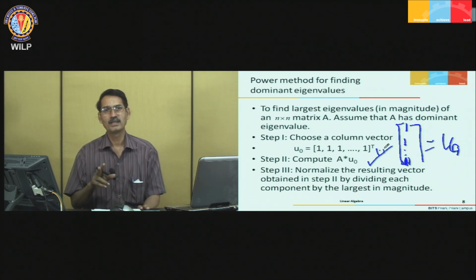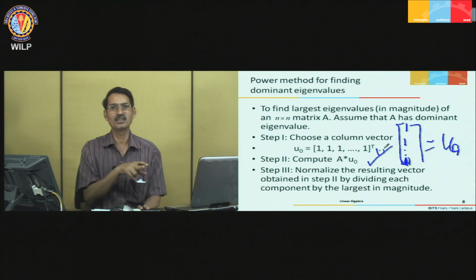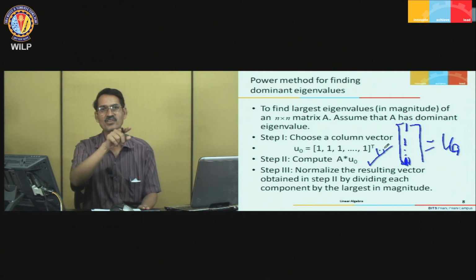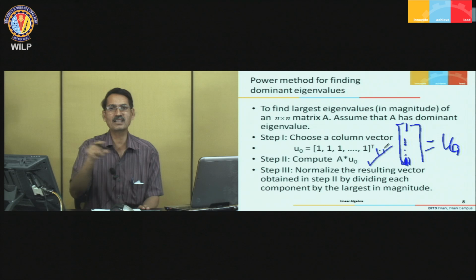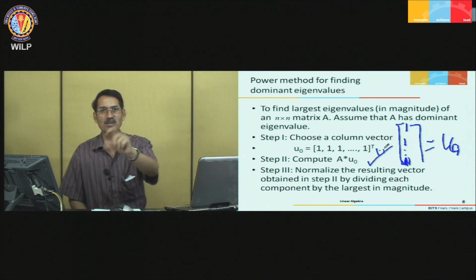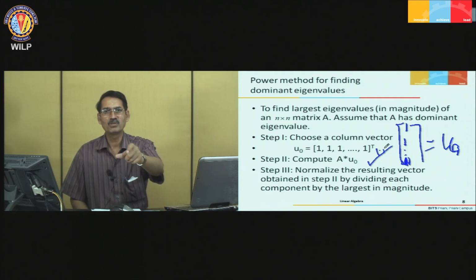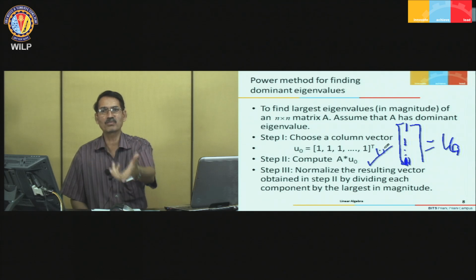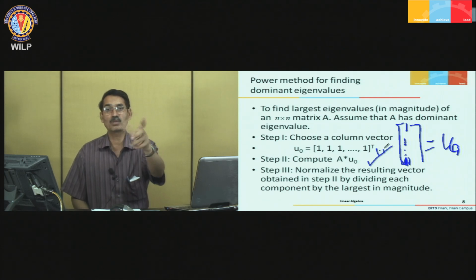Therefore, divide this vector by the largest entry. So, 3 is the largest, so divide this vector by 3. What will we get? 1 by 3, 2 by 3 and 3 by 3, and 3 by 3 is 1. So, look at here, the largest is 1.